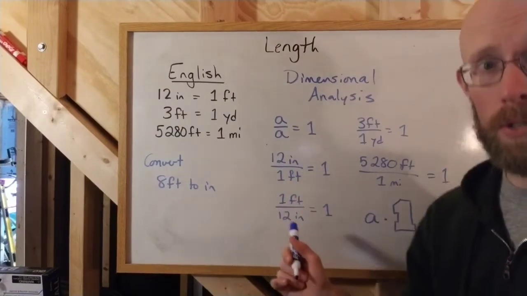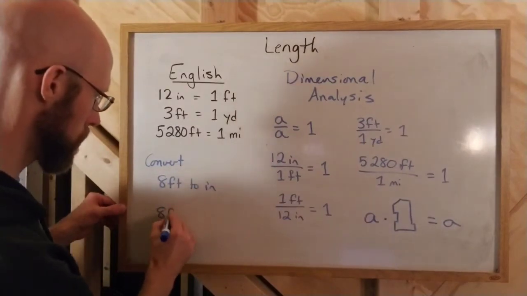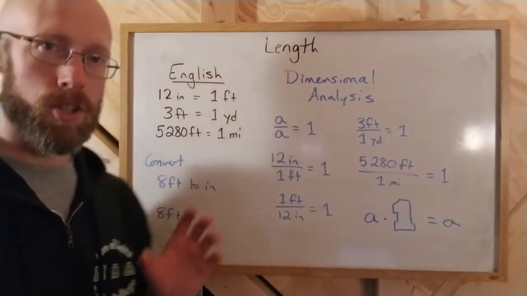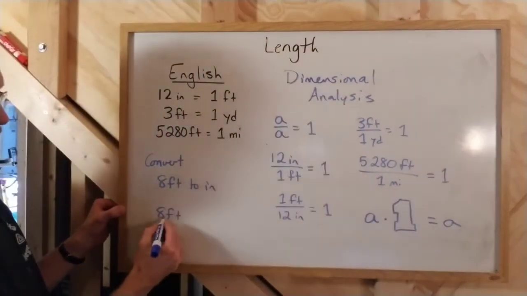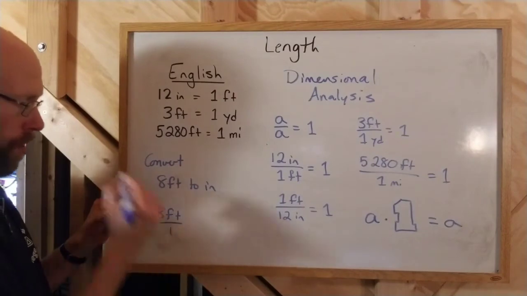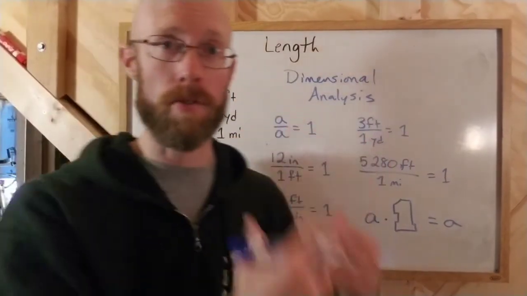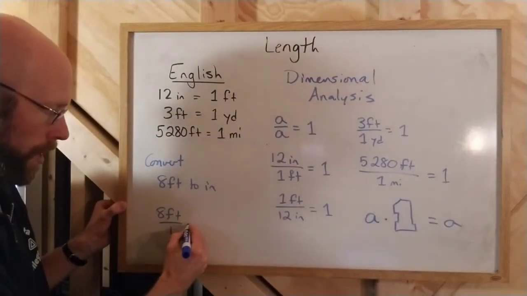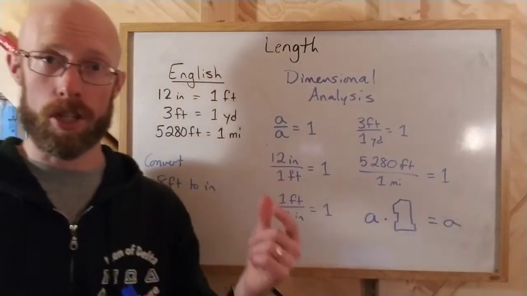It's going to be one of these two. And we're going to multiply the 8 feet by one of these two fractions. The trick to picking the right one is that we think of this 8 feet as 8 over 1. It's a fraction, right? Any number is itself over 1. And then we multiply by whichever one of these is going to have the feet in the opposite position.